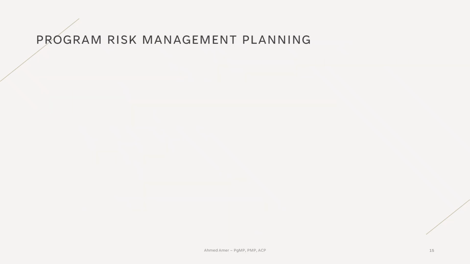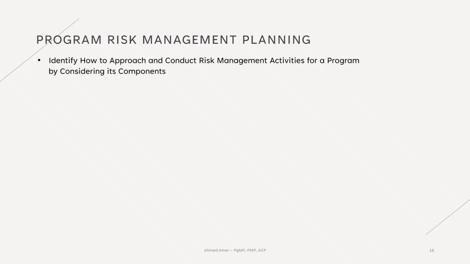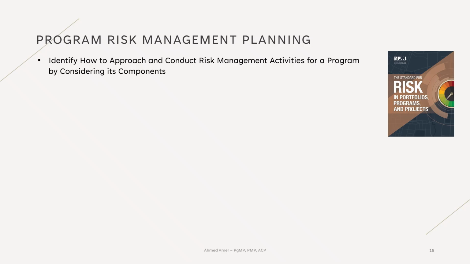As we are approaching the end of today's video, let's talk about program risk management planning activity. Program risk management planning is about one big question: how will we deal with risks across the entire program and its components? PMI tells us to follow the principles in the standard for risk management in portfolios, programs, and projects.